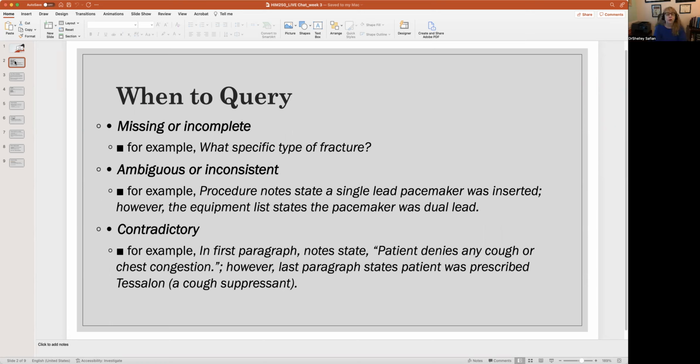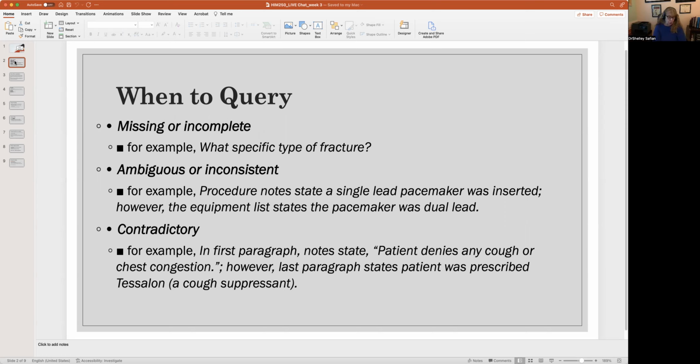It requires you to discuss with the provider who wrote or created the documentation if there is missing or incomplete information, ambiguous or inconsistent information, or contradictory information.